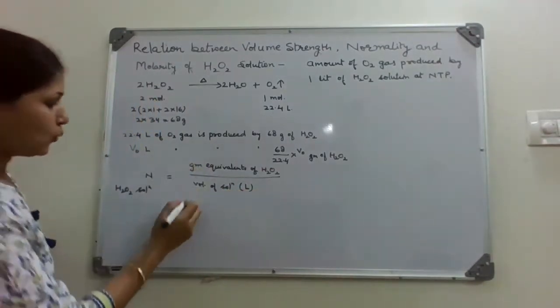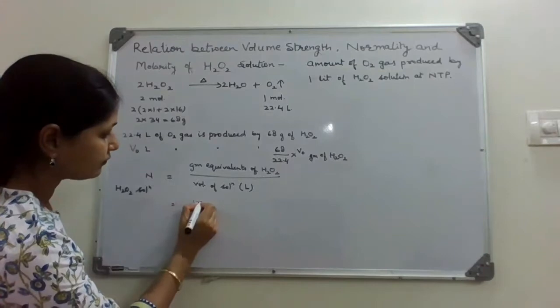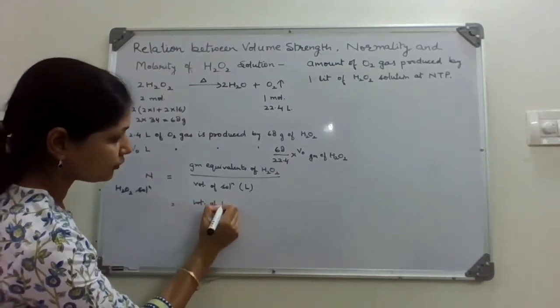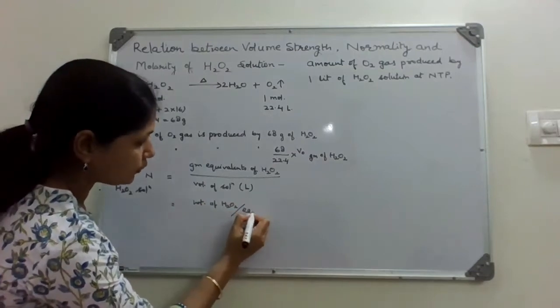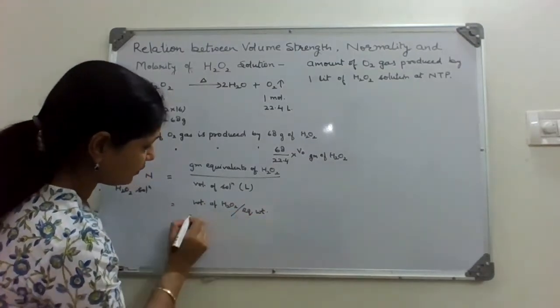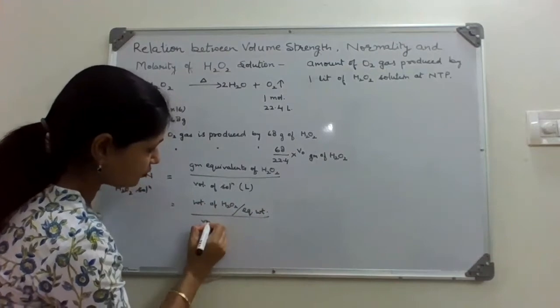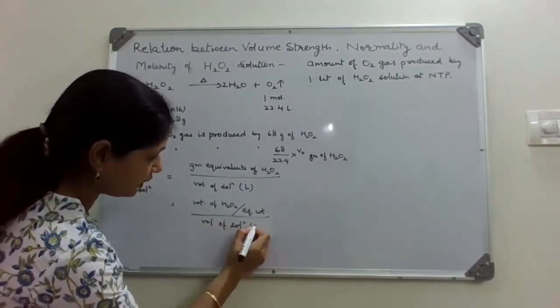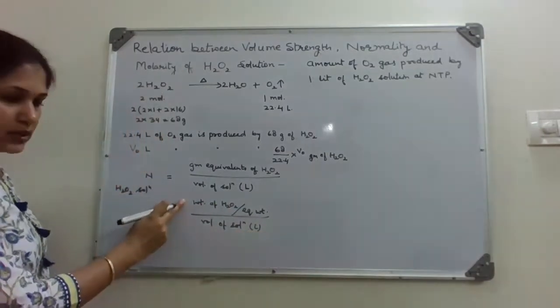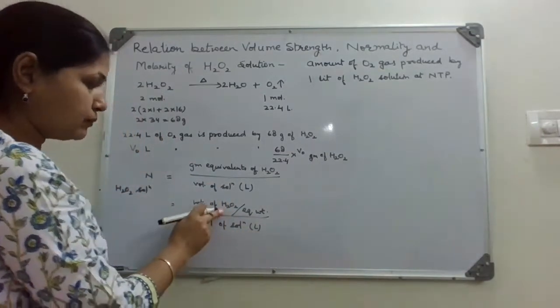We know gram equivalent is equal to the weight of solute, here weight of hydrogen peroxide, divided by equivalent weight. If we put all these values, then we'll find weight of hydrogen peroxide.